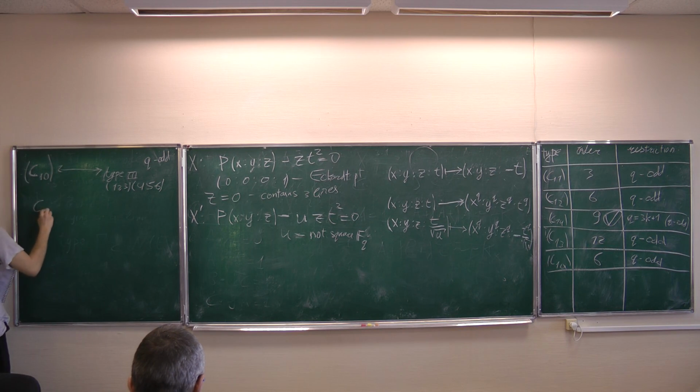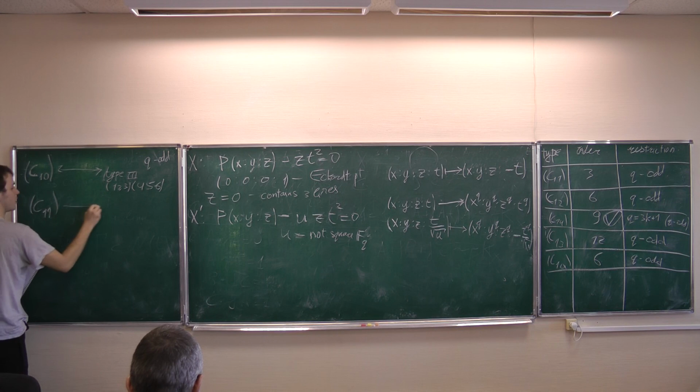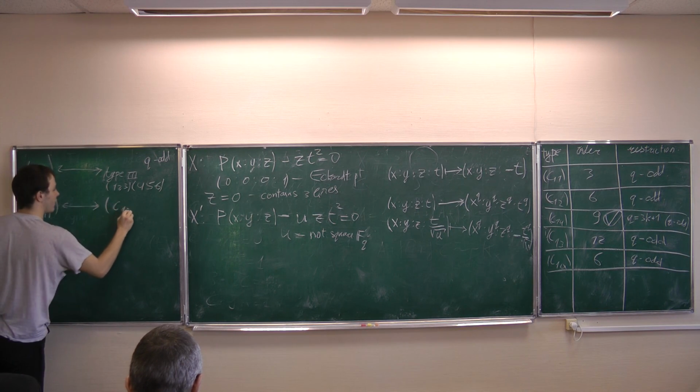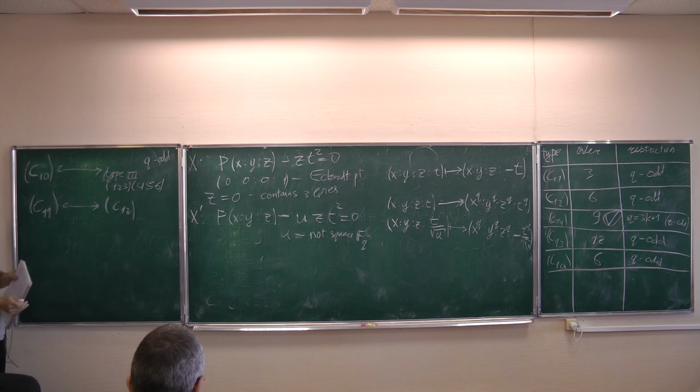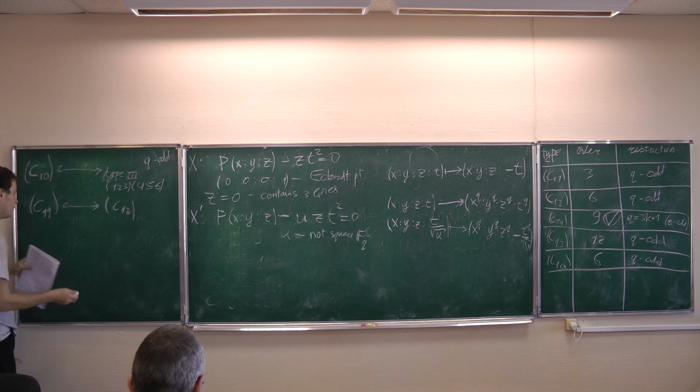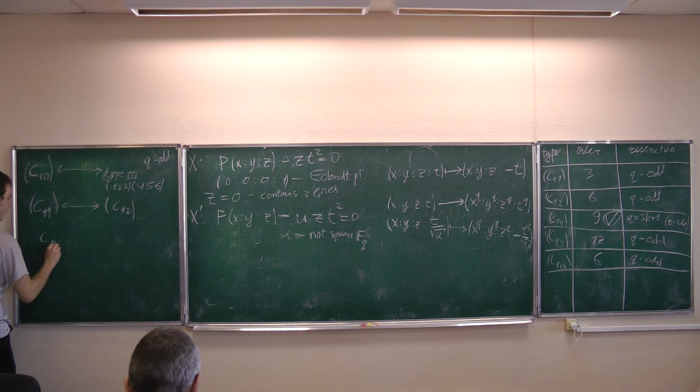If we have such a cubic surface with action of group C11, then we can construct a cubic surface with action of type C12. So we can construct just one type of this cubic, and the second one will be given automatically. But if we use this construction for C13, then nothing changes. It maps to itself.